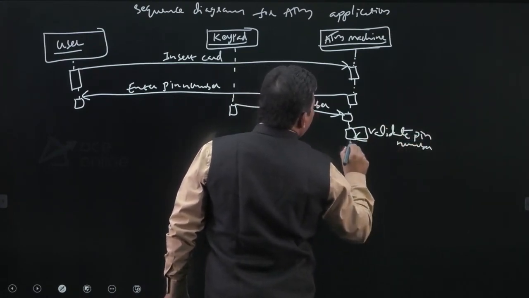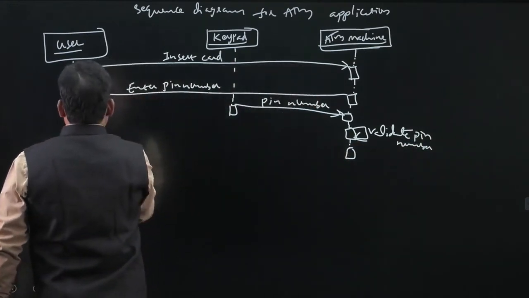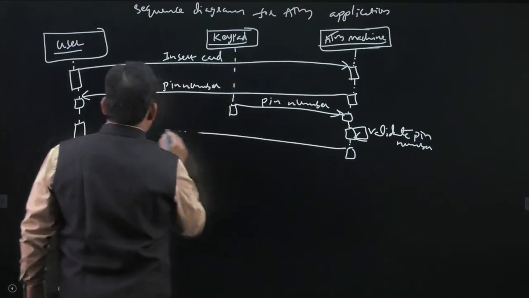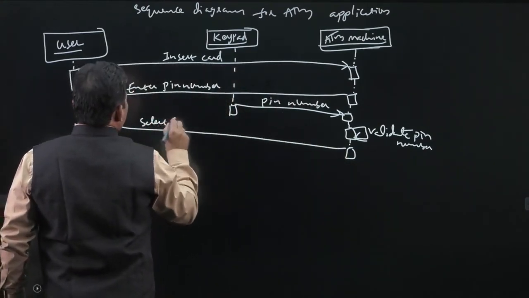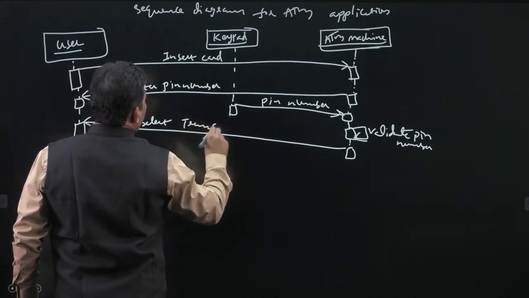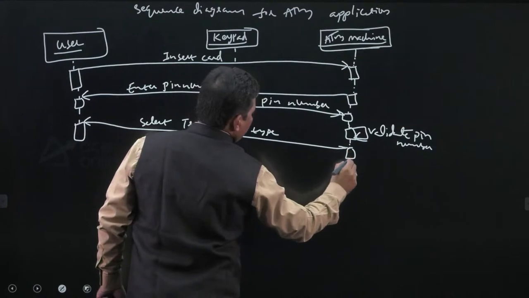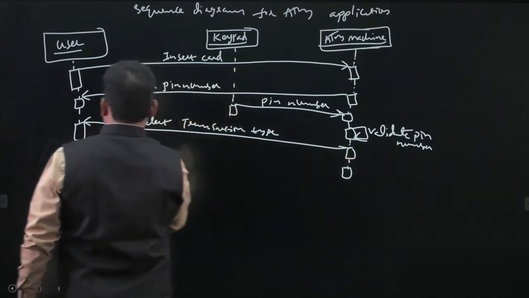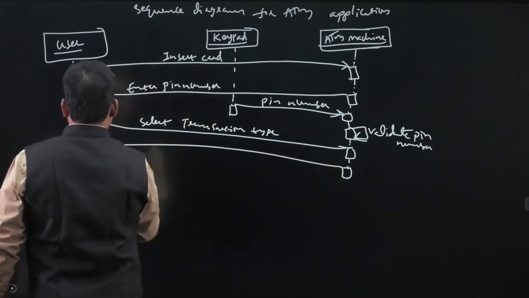If the PIN is valid, the ATM machine will ask the user to select the transaction type. Do you want to go for withdraw? Yes. In that case, the ATM machine will ask the user to enter the amount for withdraw.